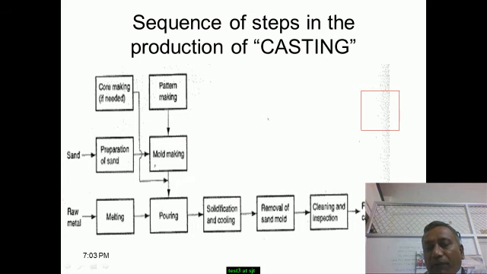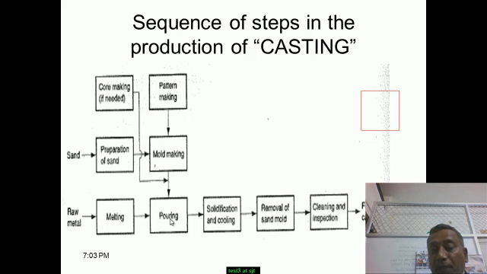In order to have the final casting, we have to do some cleaning up on the casting, but before the cleaning up, it should have reached the stage of removal of the sand. The sand mold would have engulfed the solidified casting, and before that, solidification and cooling should have started. And in order to get this solidification, before that, we should have poured the molten metal into the mold.